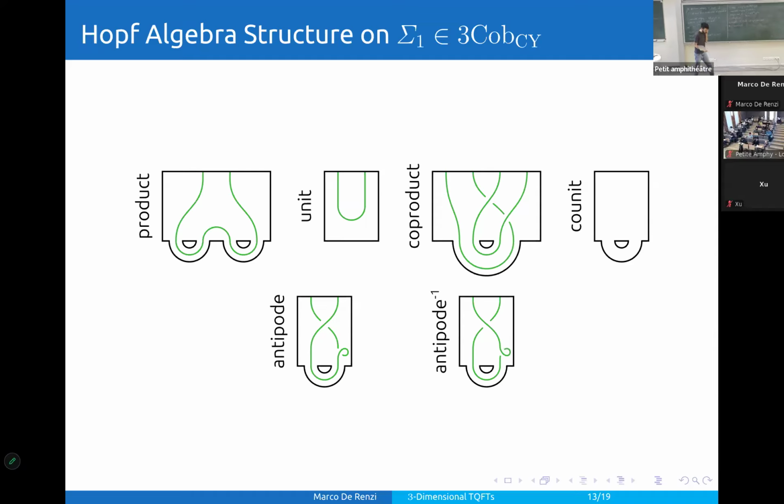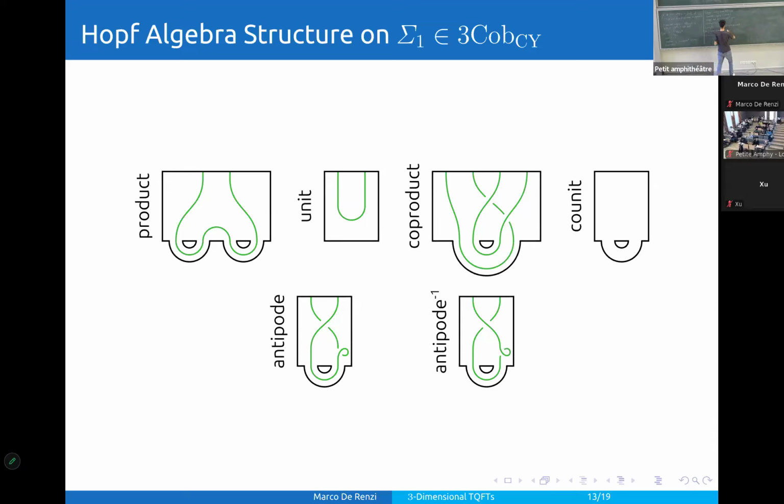Semisimple means that every object in this category is isomorphic to a finite direct sum of simple objects, and simple objects are those which have a one-dimensional endomorphism space.